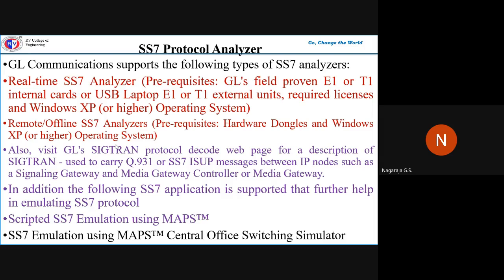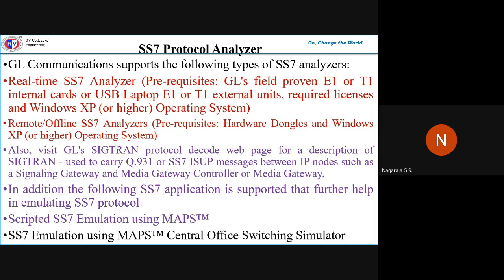Then we have remote or offline SS7 analyzers. Then we have Citron protocol analyzers available. Then we have scripted SS7 emulation using MAPS TM. And also there is SS7 emulation using MAPS TM central office switching simulators available.